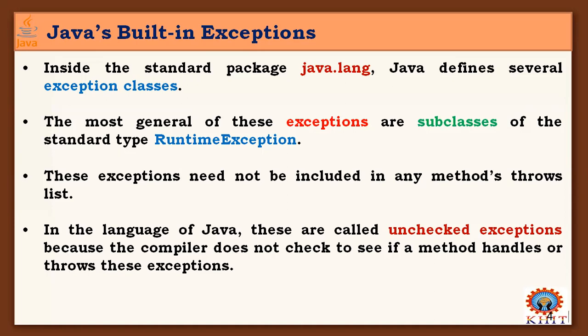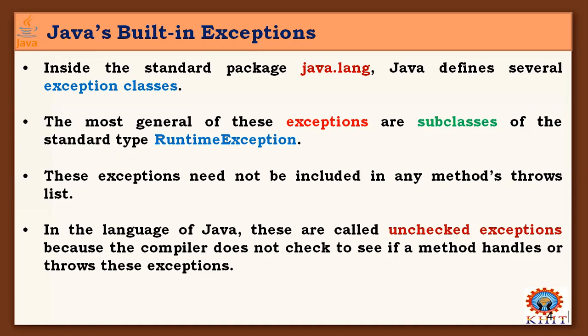When any other object or instance of that class, or any code outside the class, wants to access that method, it has to show the list of exceptions generated when the method is invoked. But these exceptions we are talking about, runtime exceptions, need not be included in a method's throws list.